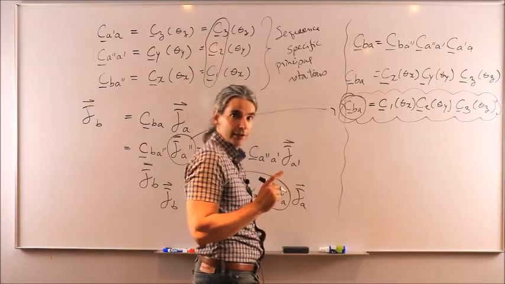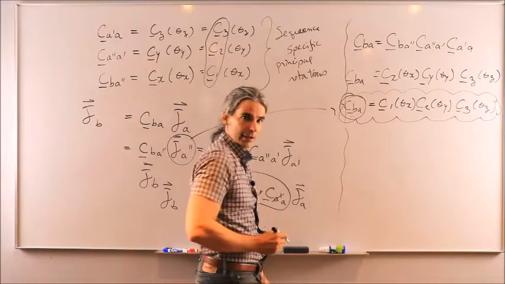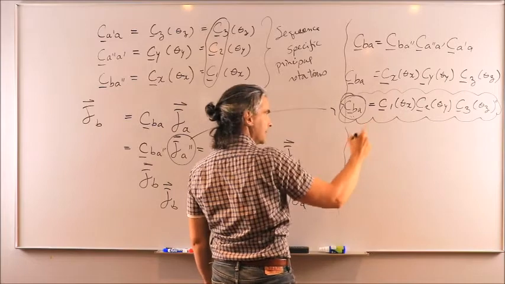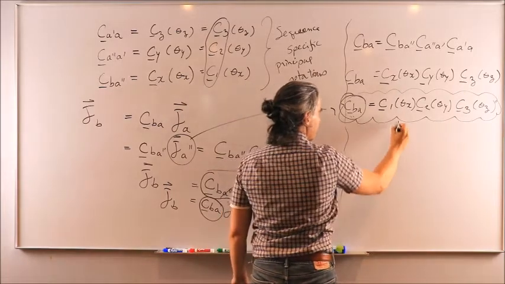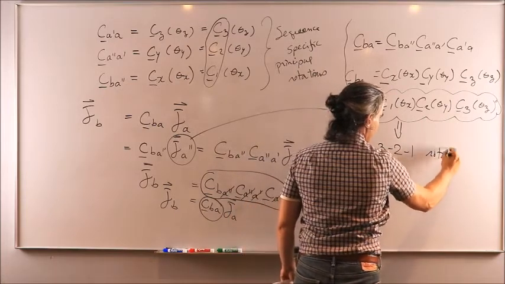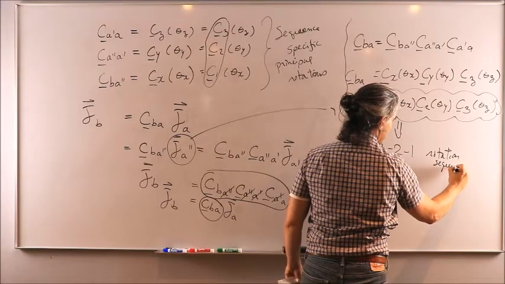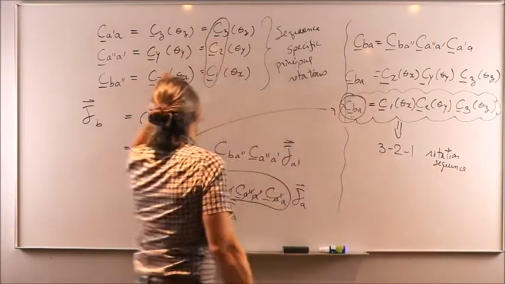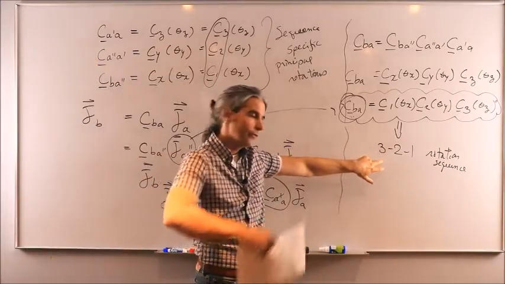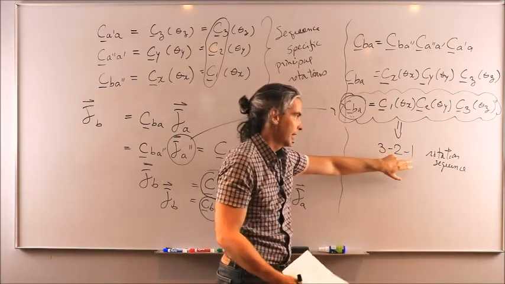One thing to realize, if you want to speed up the process and not go through all the steps to figure out how to calculate CBA, is to look at how things are organized on the right-hand side of that equation. So again, that was for the 3-2-1 rotation sequence, meaning that the first physical rotation was about the z-axis, followed by another rotation about the y-axis, and lastly, another rotation about the x-axis.